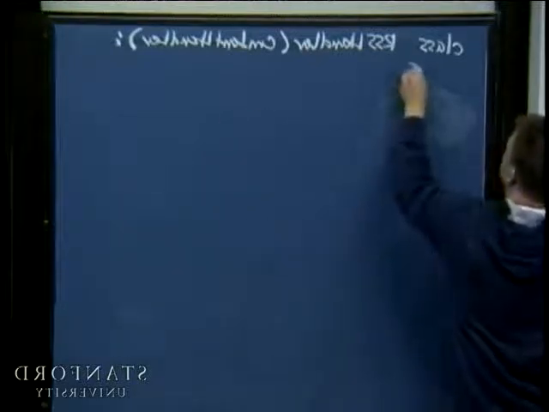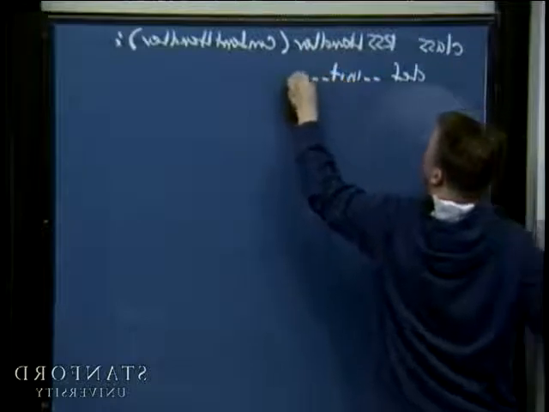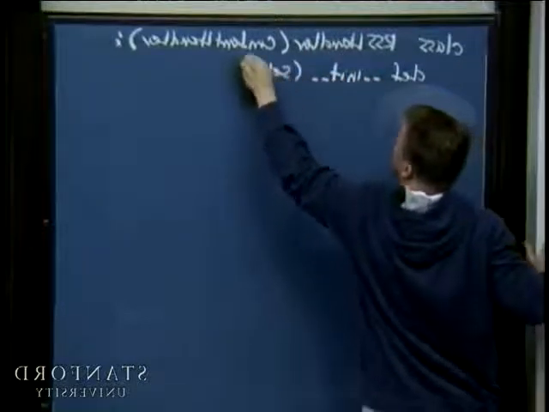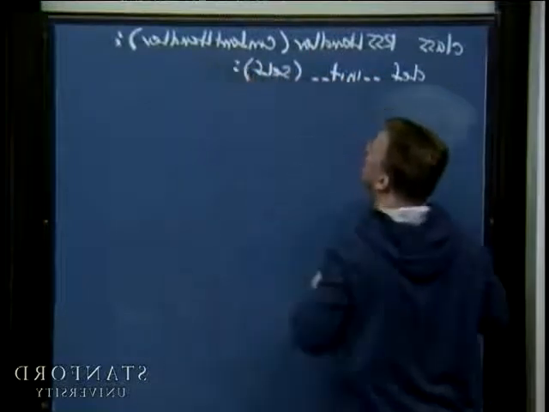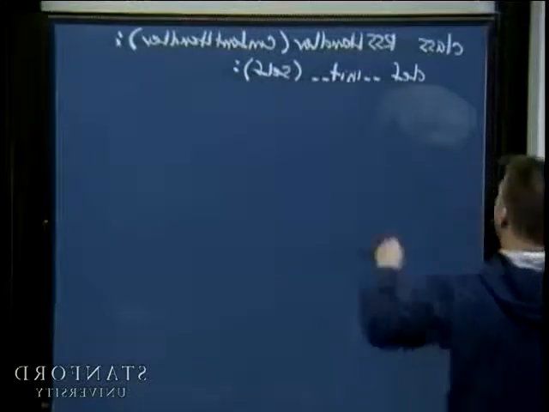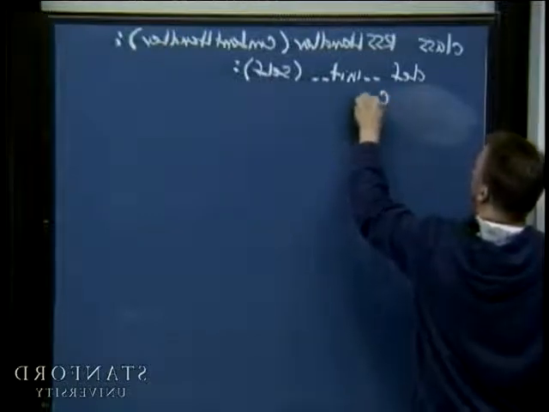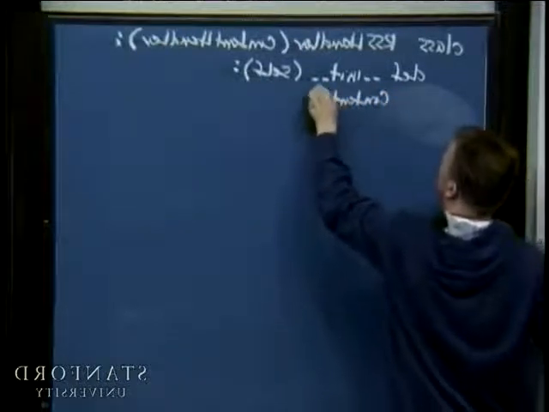I have to do a few things. I do have to define a constructor. The reason will become clear in a second. What I have to do here is call content handler.